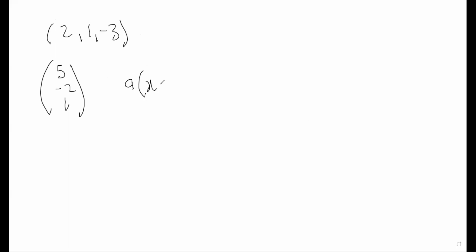Okay, there's a point (2, 1, -3). This point is on the plane. And then there's a vector, (5, -2, 1), and this vector is perpendicular to the plane. They say find the equation of the plane in Cartesian format.